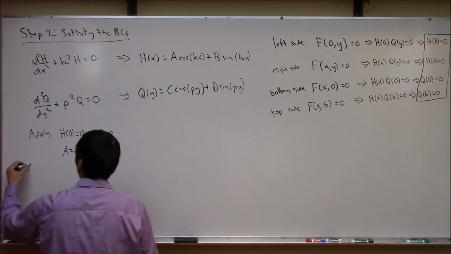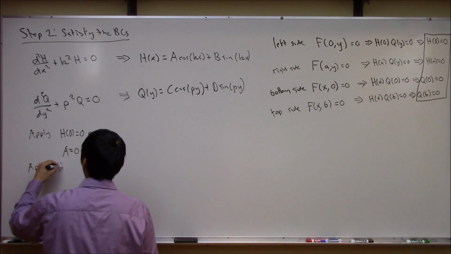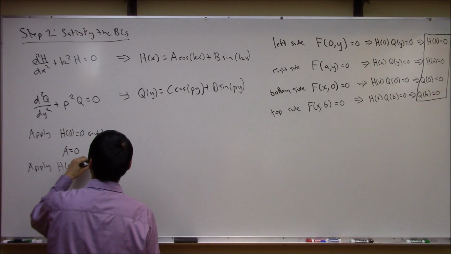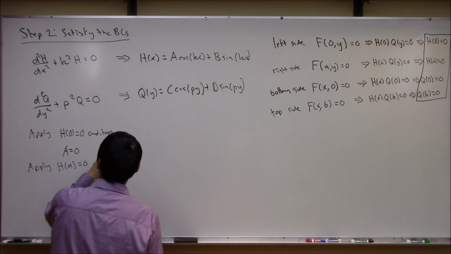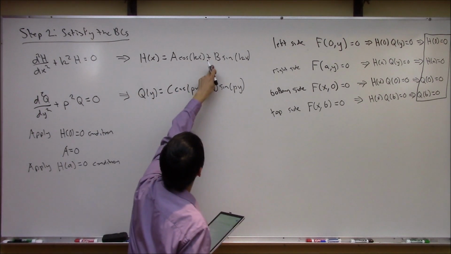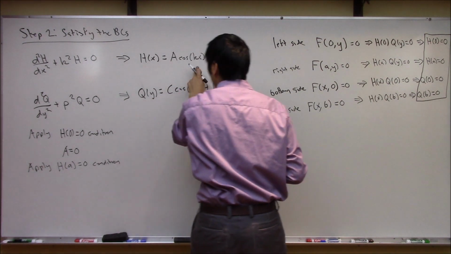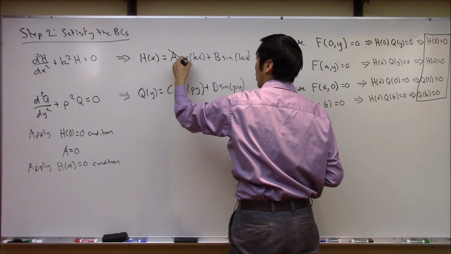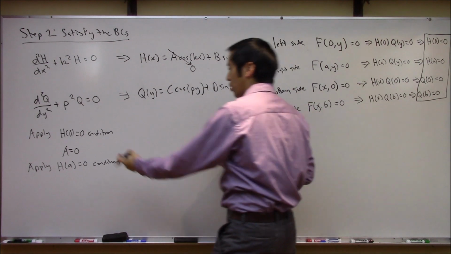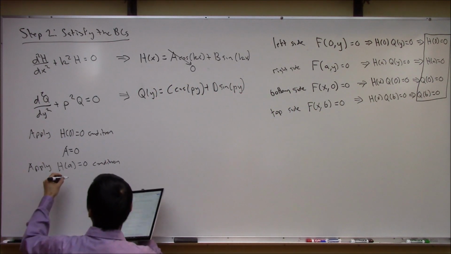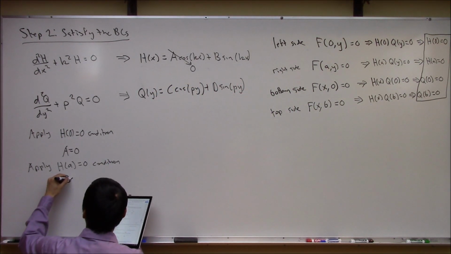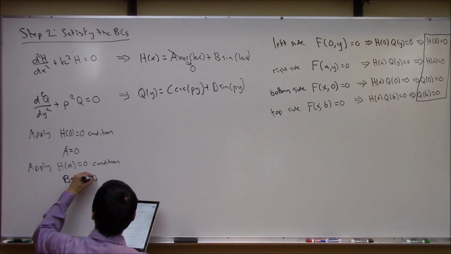Now let's apply the condition that h at x equals a has got to equal 0. Again, take this expression, plug in x equal to a, and combine this with the fact that we know a is 0. We end up with b sine of ak had better equal 0.